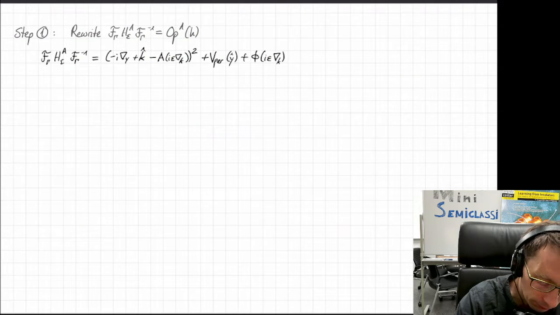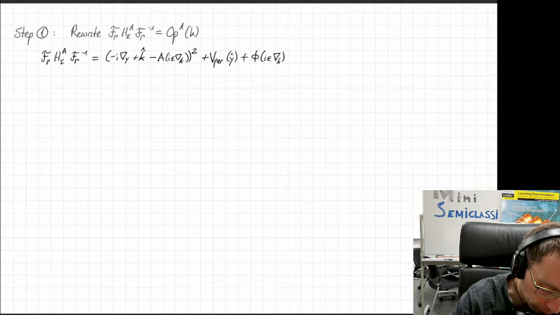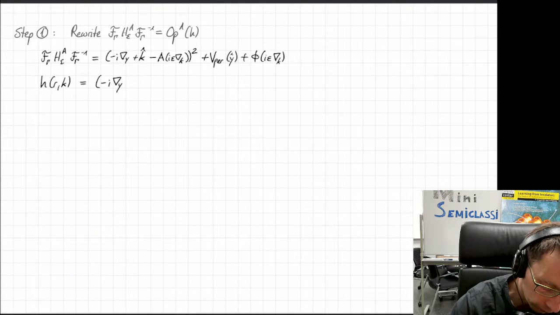So as I said before, this is the so-called Zak transform, which is a version of the discrete Fourier transform. And if I propose the function, and now this is an operator-valued function, so it's a function in k and in r.